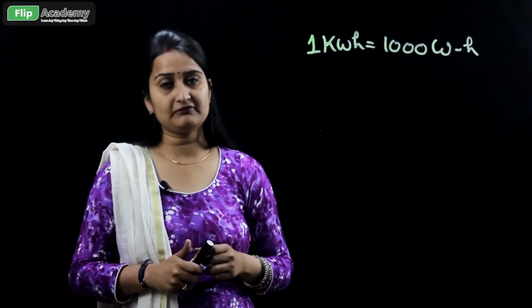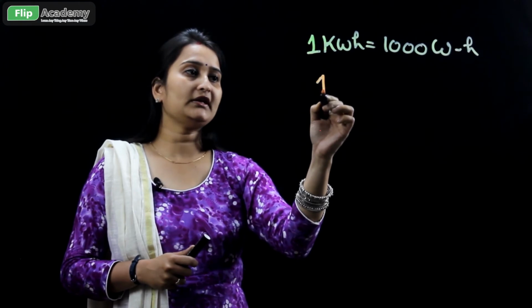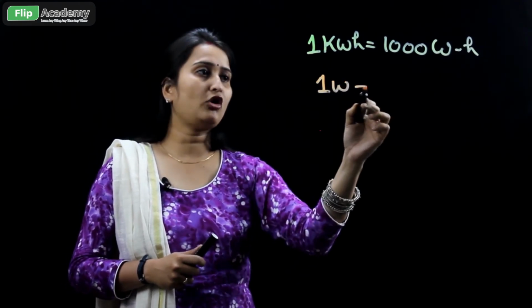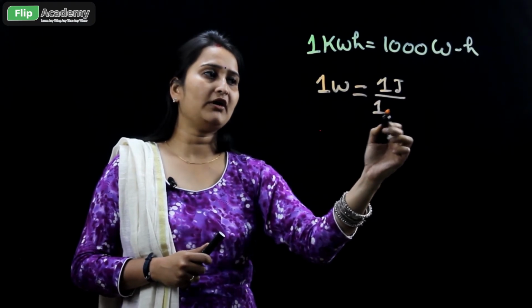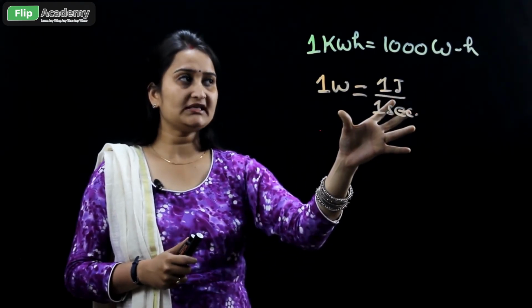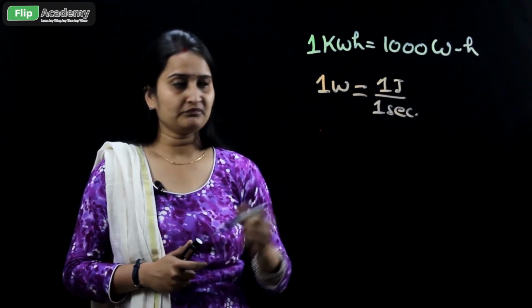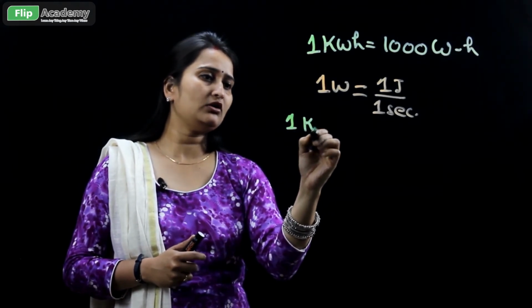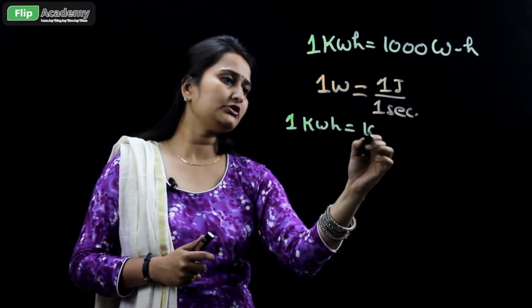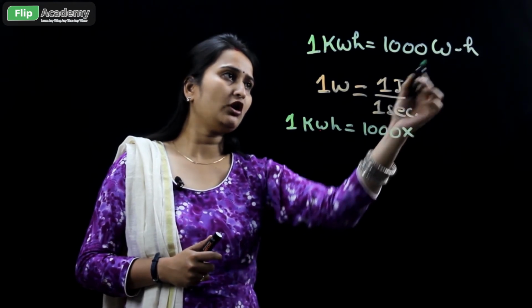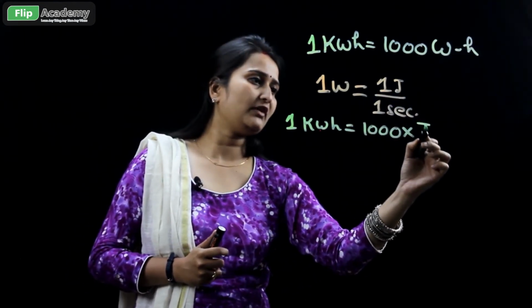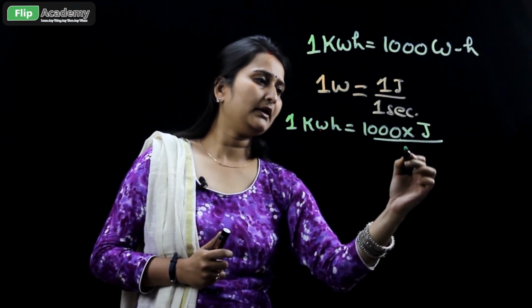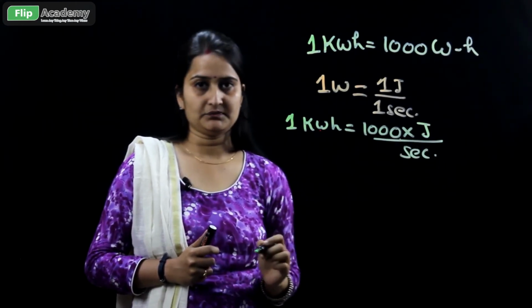Now, we have already defined what 1 watt is. 1 watt can also be written as 1 joule per 1 second. Now, substitute this value instead of W. We get that 1 kilowatt hour is equal to 1000, and instead of W we write joules per second.